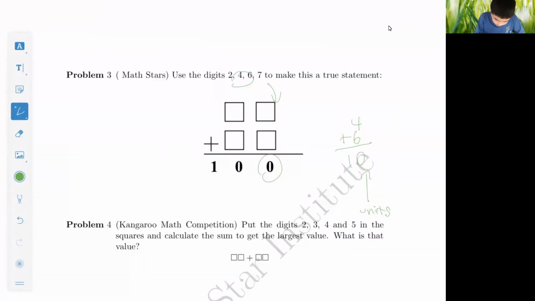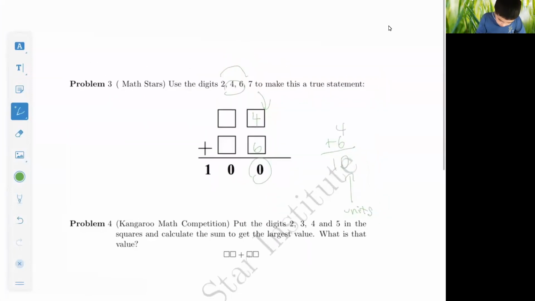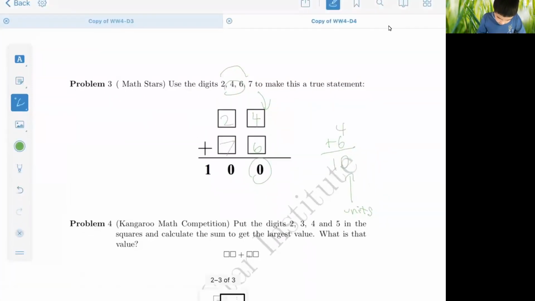So these two belong in the units digit. Then we could see that the tens digit left is 2 and 7. So we could also have 2 and 7 here. We could alternate the units digit.